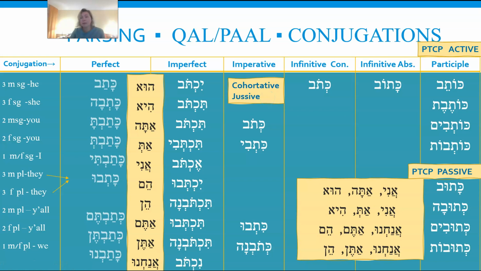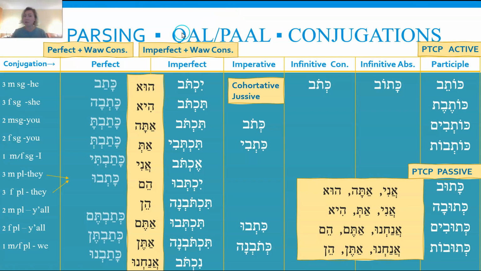And mostly, do not forget about the perfect with verb consecutive or verb conversive, as well as imperfect with verb consecutive or verb conversive, which will necessarily change the meaning of the outcome of this last point of your parsing, where you will have to be talking about the meaning of the given verb, and you'll have to say if it's something that is in the past or in the future, right?